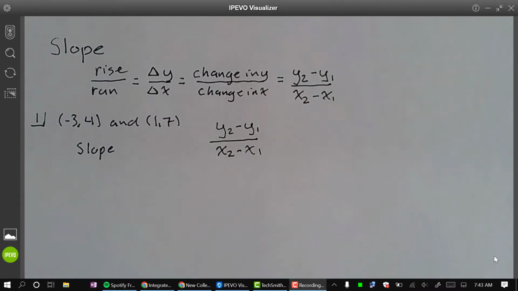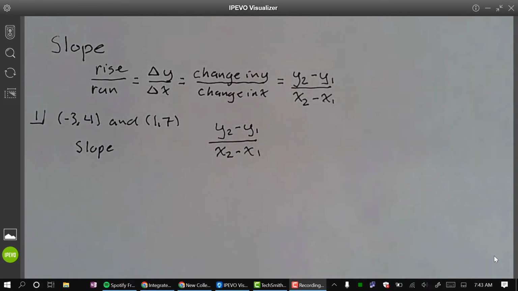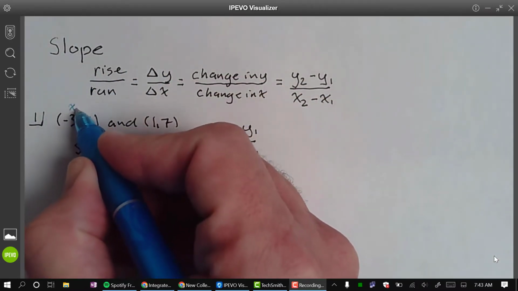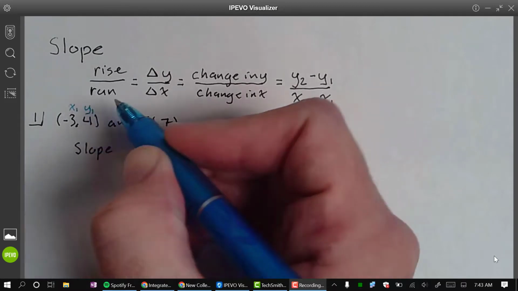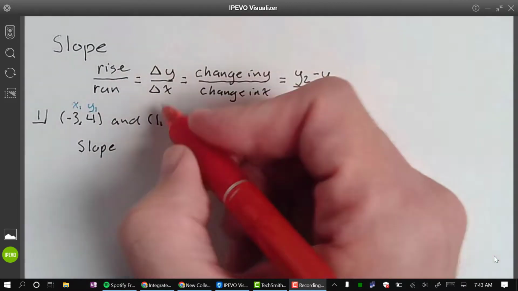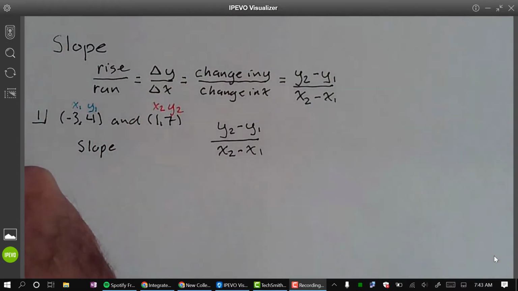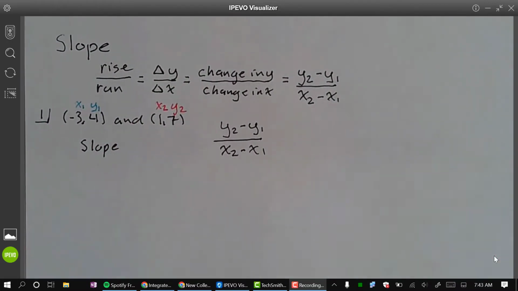What's going to be my 1's and what's going to be my 2's? Looking at the original problem, because I always read from left to right, this is going to be my x1, this is going to be my y1, this is going to be my x2, this is going to be my y2. Now I have them, let's plug them into the formula.